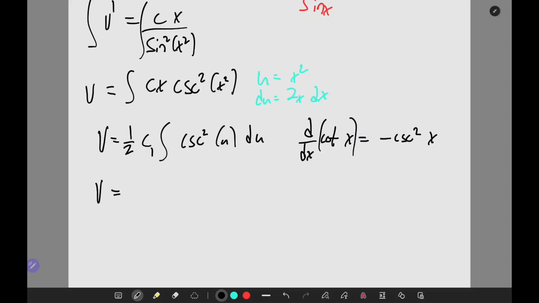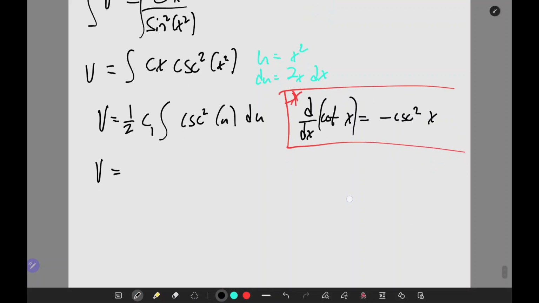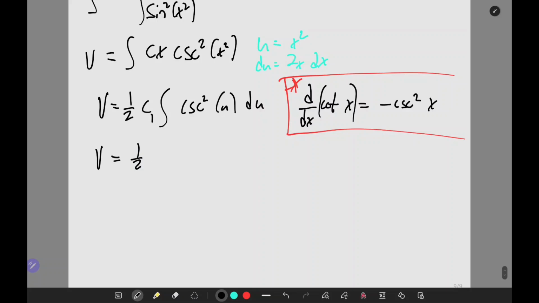So, knowing that, we get 1/2 c1 times negative cotangent, so I'll pull the negative out, cotangent of u.